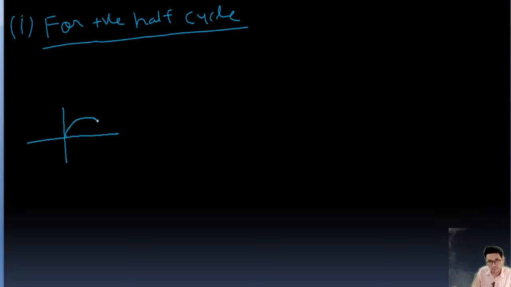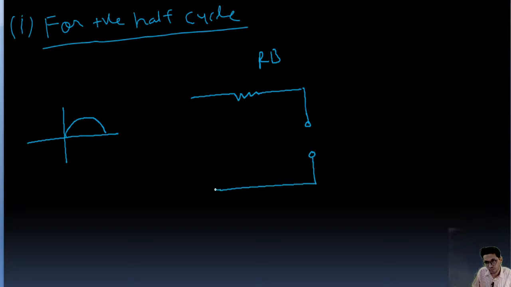This is the positive half cycle we have given. So the circuit is going to be like this, because it is reverse bias, RB. The diode will work as open circuited, and in that case this is V output.